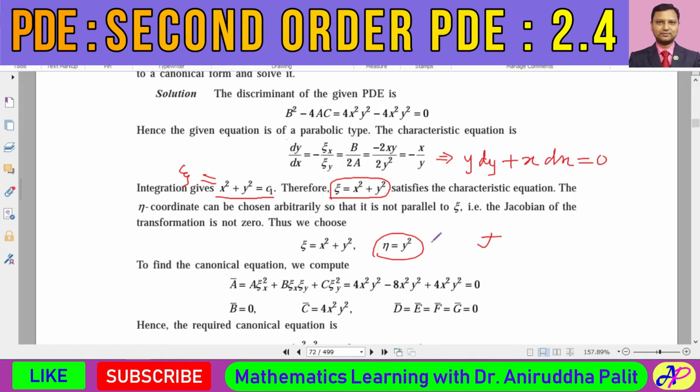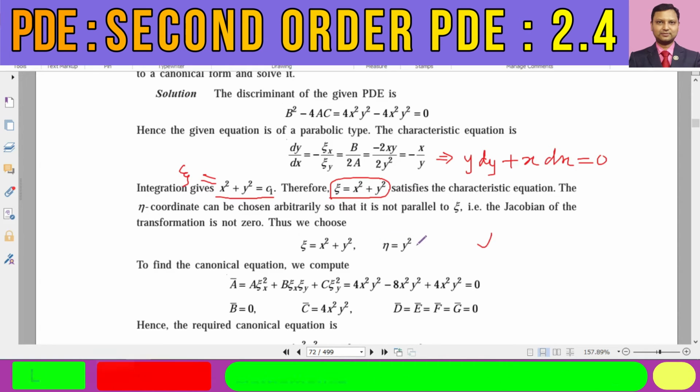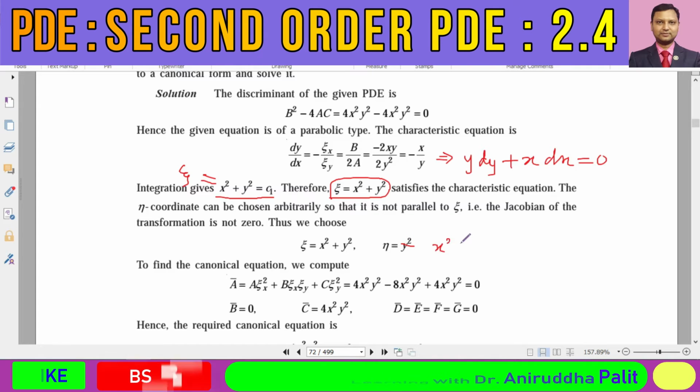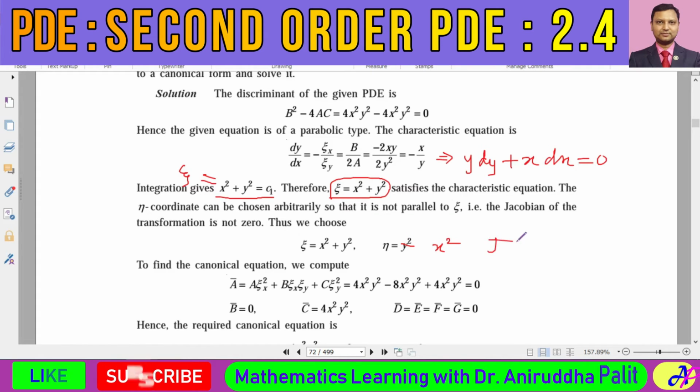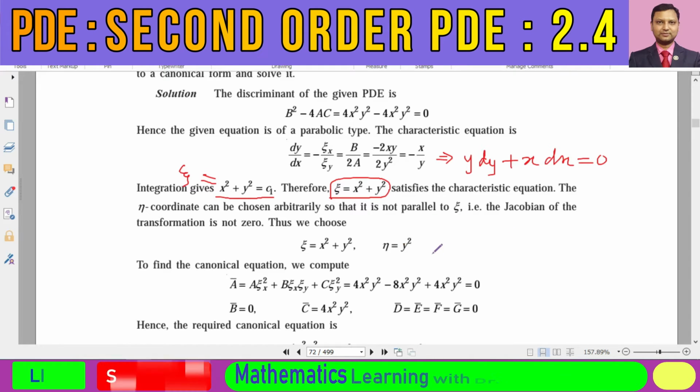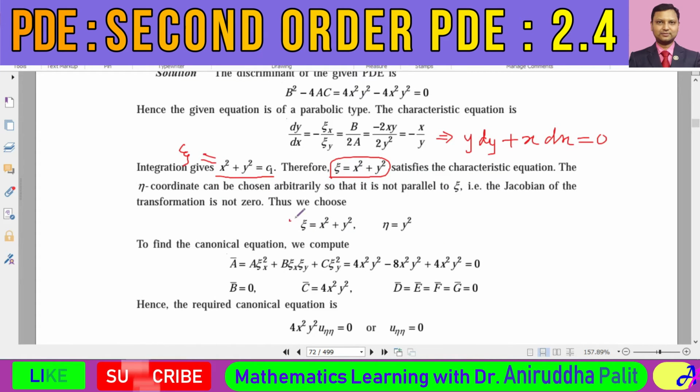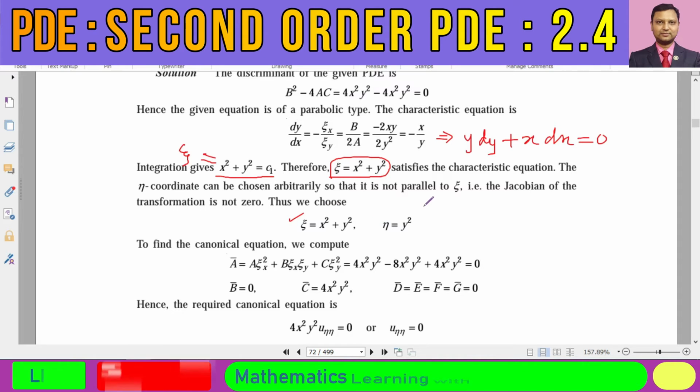You can check that if you take eta equal to x square in place of y square, in that case also the Jacobian of the transformation would be not equal to 0. Anyway, they have taken eta equal to y square, and so these are the canonical variables xi and eta.